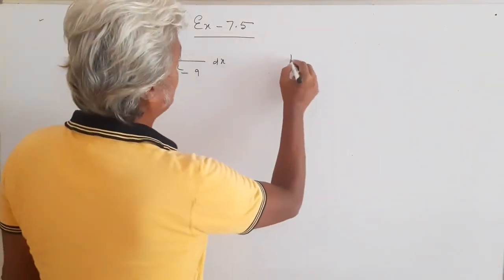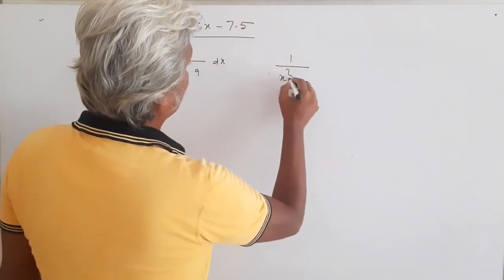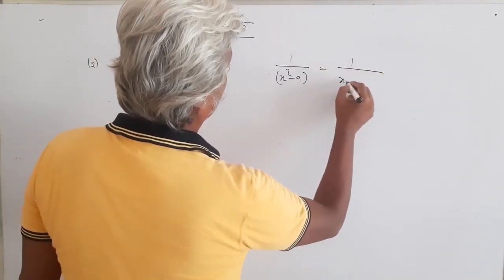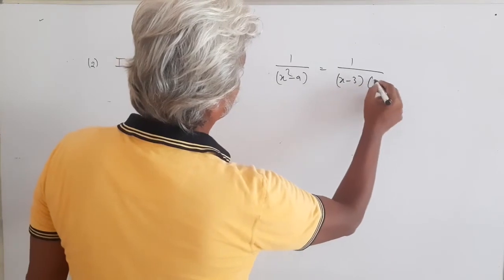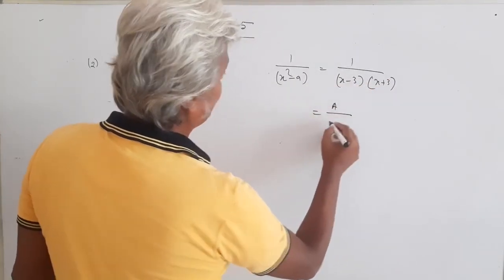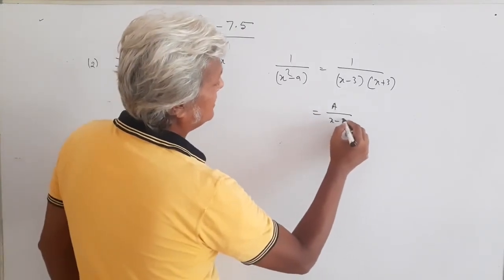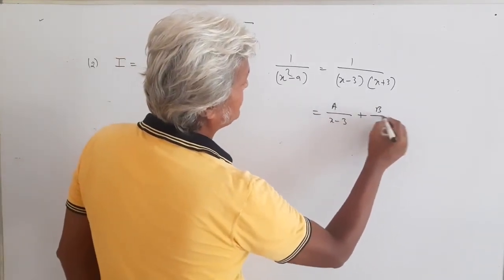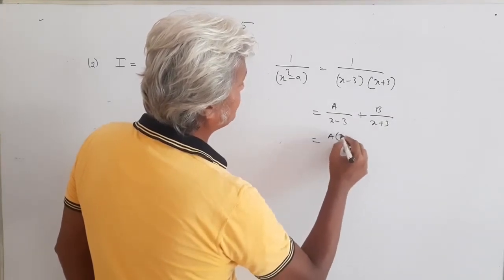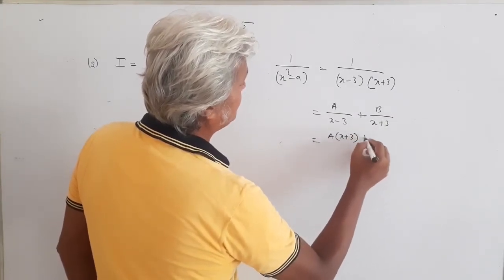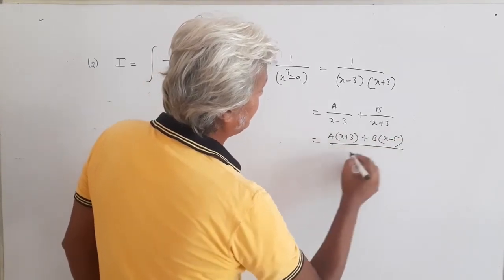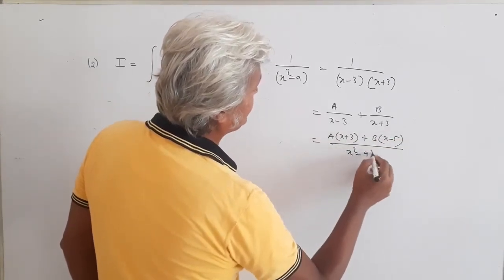So I write 1 over x square minus 9 as 1 over (x minus 3)(x plus 3), that is a over x minus 3 plus b over x plus 3, that is a times (x plus 3) plus b times (x minus 3) over x square minus 9.